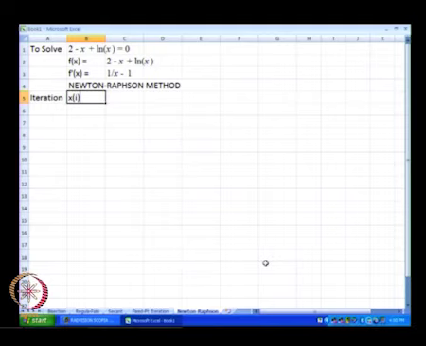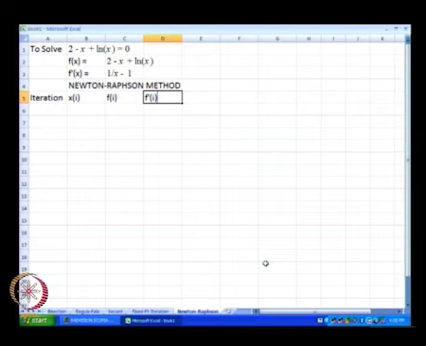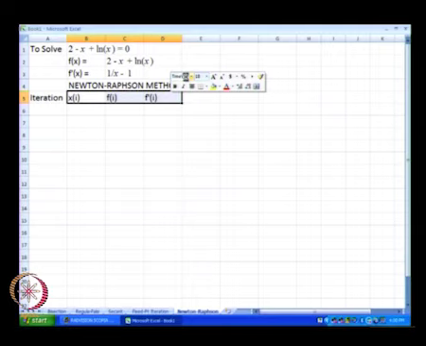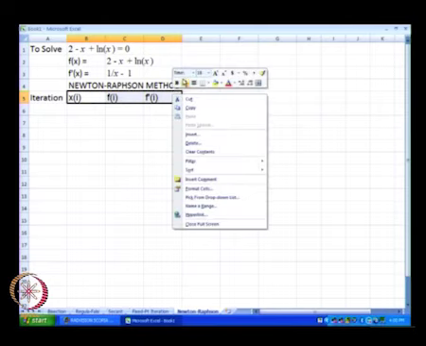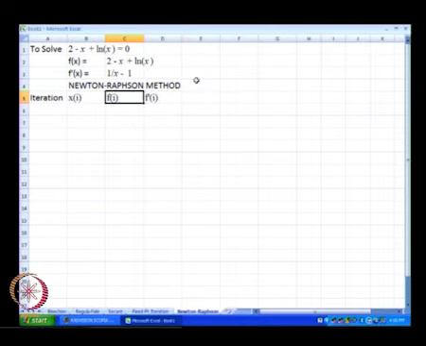We will have x of I, f of I and f dash of I. Okay, this is what we get.